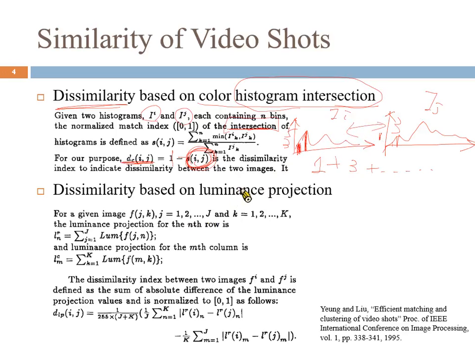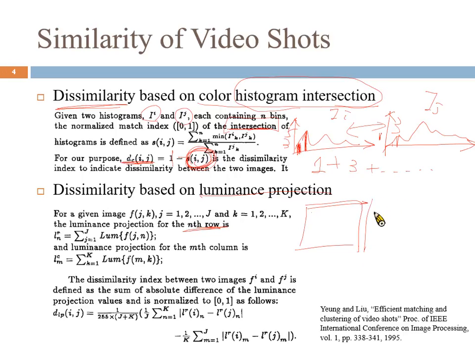Another simple method is called luminance projection. This is also very simple. That means we can do horizontal projection or vertical projection of a video frame. For example, here this is a video frame, and if we do the horizontal projection, we just aggregate all the intensity values for each row.